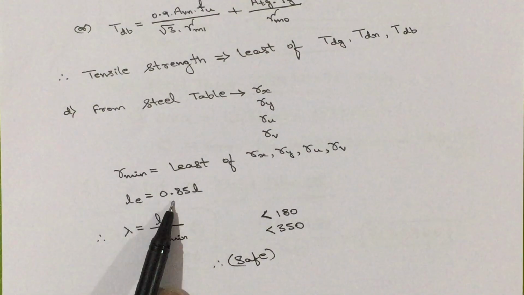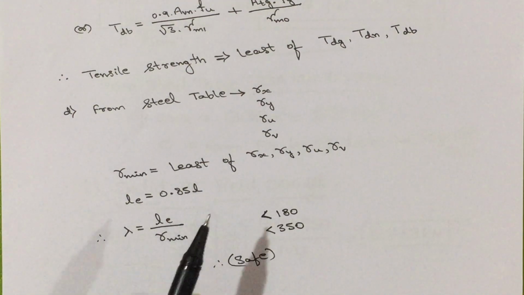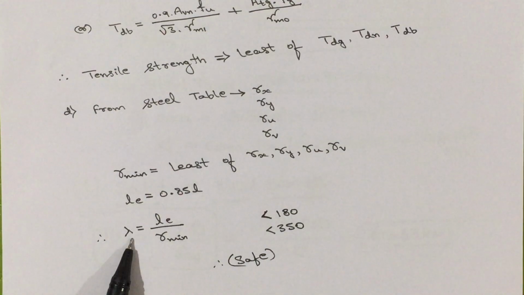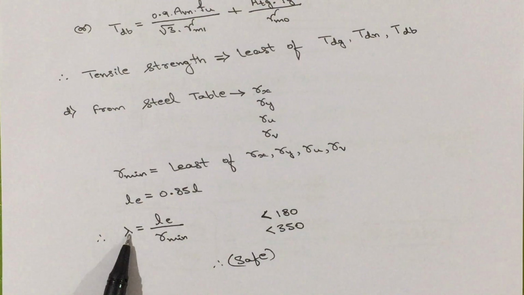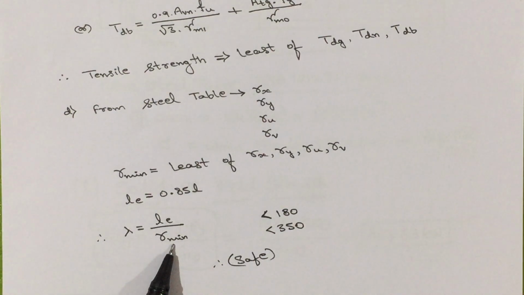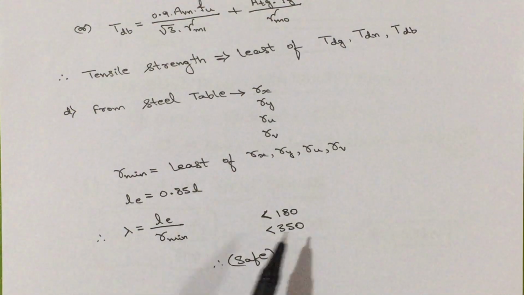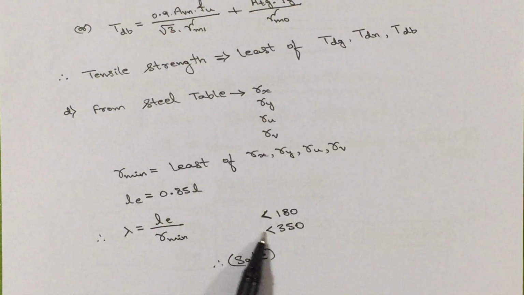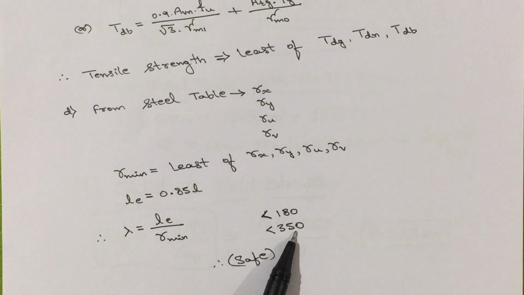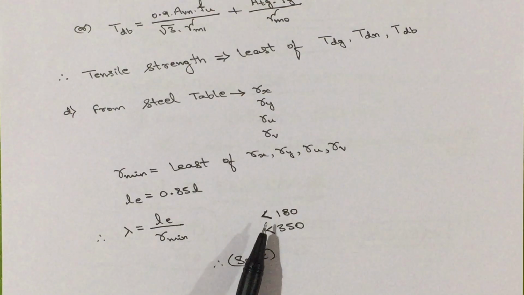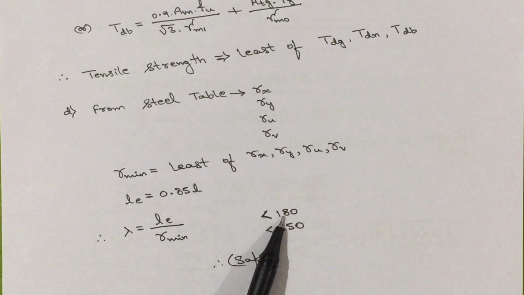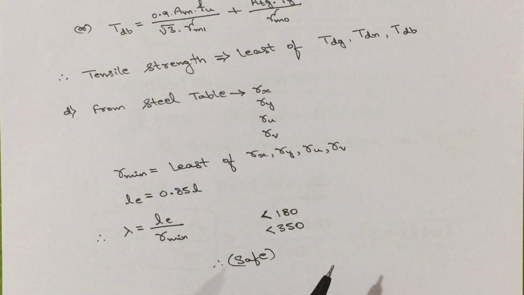Then Le is given by 0.85 into L. Therefore, slenderness ratio lambda is given by Le divided by R minimum. This value should be less than 180 as well as it should be less than 350. If this value satisfies both the conditions, then it will be safe. That is all for the procedure.